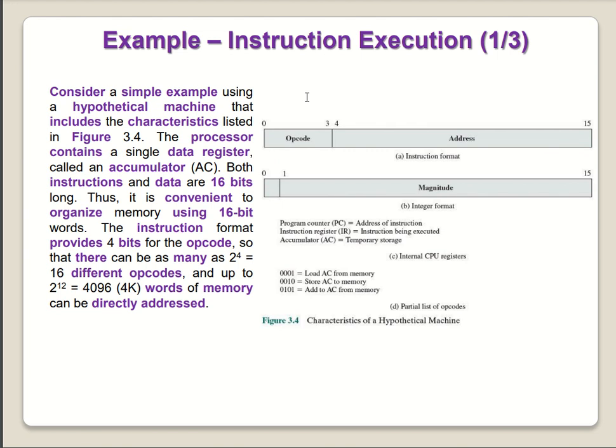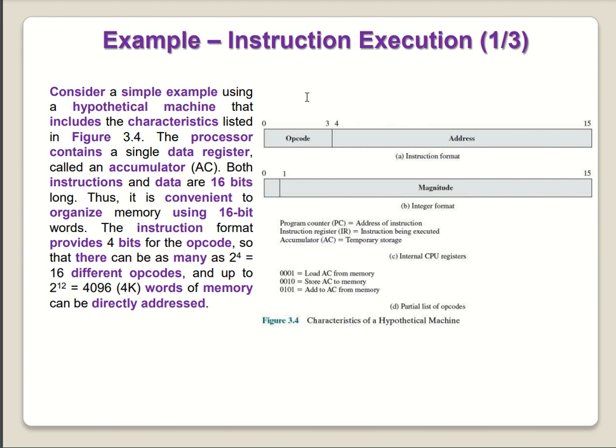That means every instruction takes 16 bits. The first 4 bits, 0 to 3, are for the opcode, and the remaining 12 bits are for the address, that is, the address of the operand. Let's assume this is the instruction format.